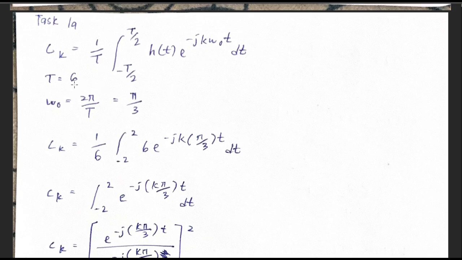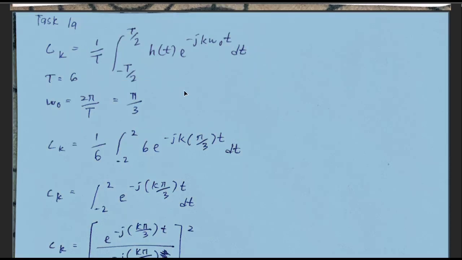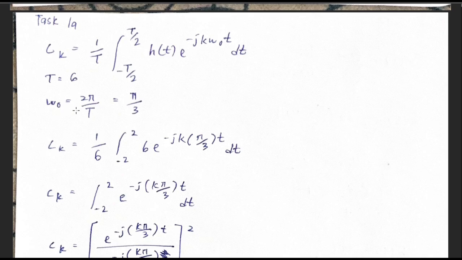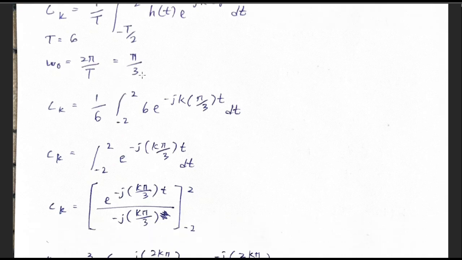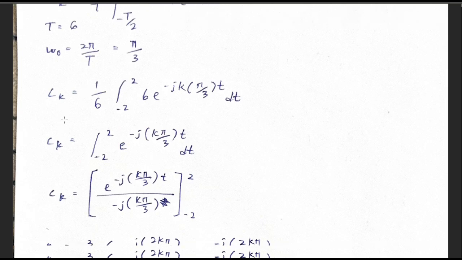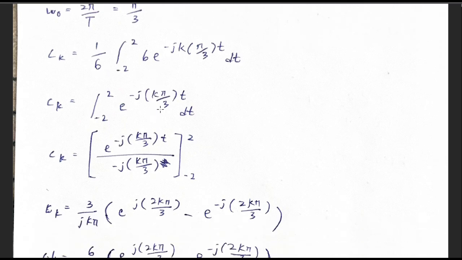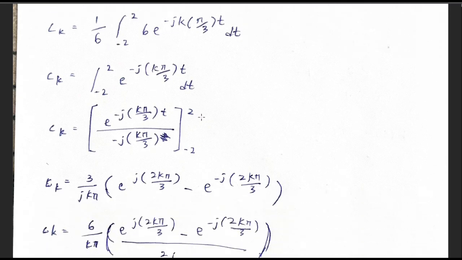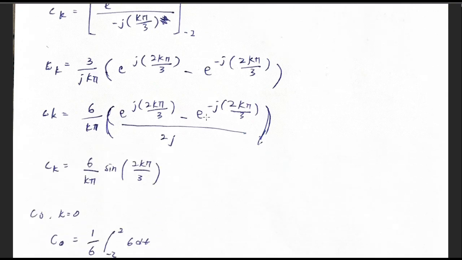This is the basic formula for the equation, where T equals 6 and ω0 equals 2π over T equals π over 3. So we insert all the values in the equation, and then we integrate it until we get ck equals 6 over kπ sin(2kπ over 3).